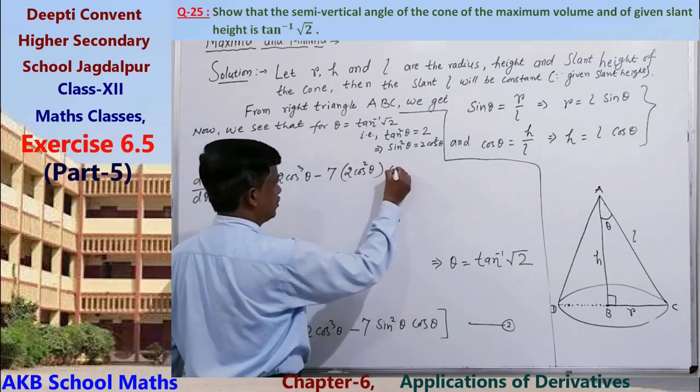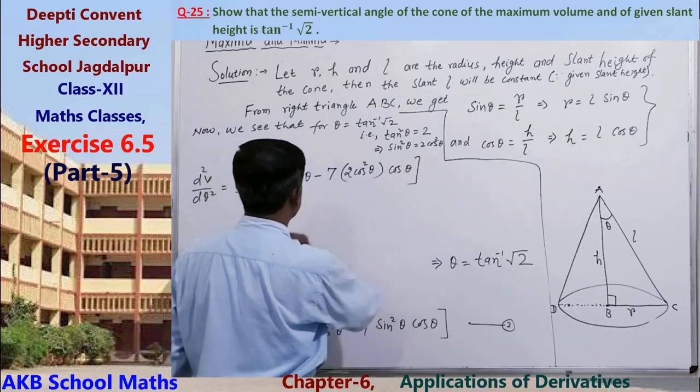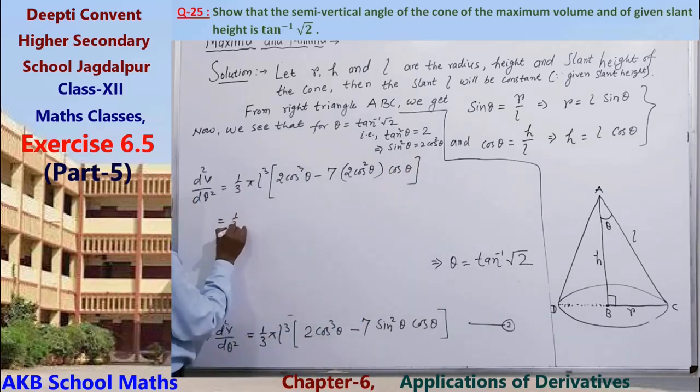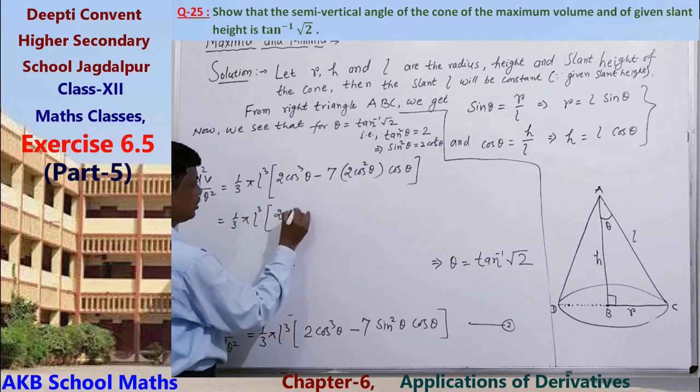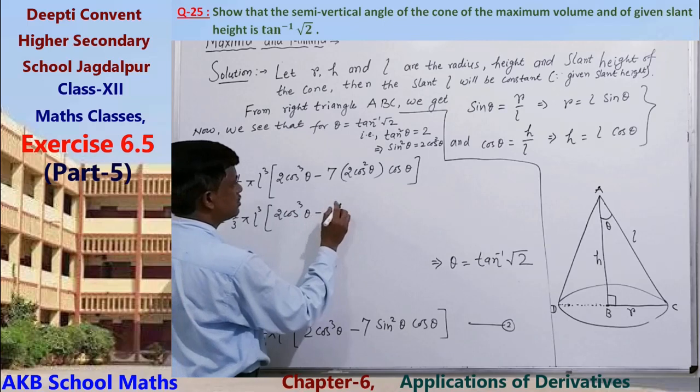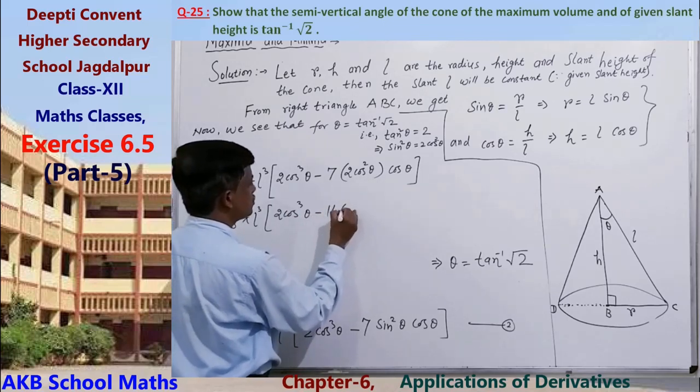This equals 1 by 3 pi L cube, 2 cos cube theta minus 14 cos cube theta.